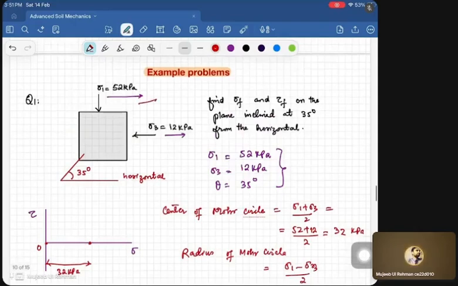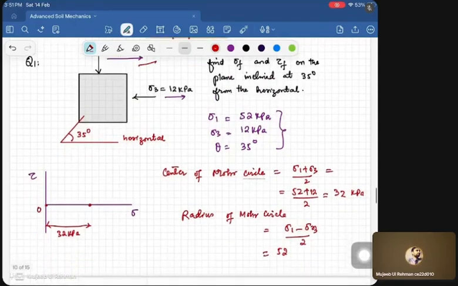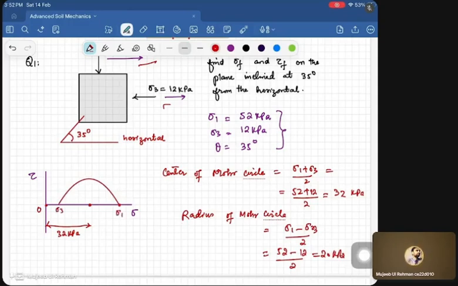Sigma 1 is 52, and sigma 3 is 12, divided by 2. So can you calculate it? 52 minus 12 divided by 2 is 20. Okay, so let me draw it roughly, somewhat like this. So this will be sigma 1, this is sigma 3, correct.